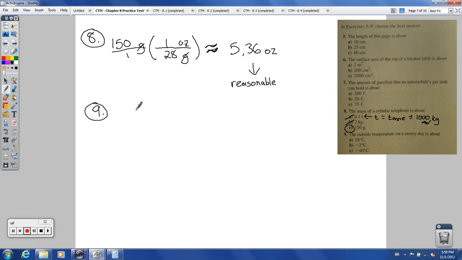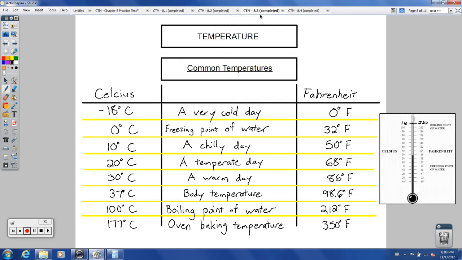And now let's check out number 9. So the outside temperature on a snowy day is about, if you forgot this, definitely let's go back to one of our notes here. So if you go back to 8.3 to remind yourself of some stuff. So you have a very cold day, freezing point of water. It's going to be colder than the freezing point of water if it's snowing. That would make sense. So we should have something less than 0 degrees Celsius.